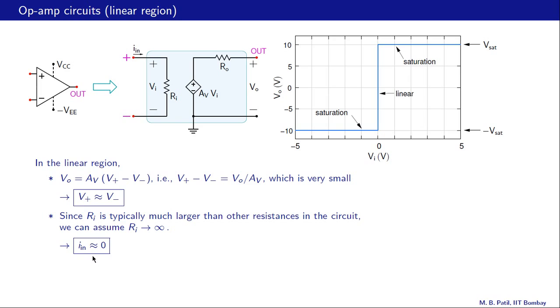So for all practical purposes, we can ignore it. So these two are like our golden rules, and they will enable us to understand several op-amp circuits in which the op-amp operates in the linear region. So let's summarize once again. V plus and V minus are nearly the same, virtually the same, and the input current of the op-amp is 0.